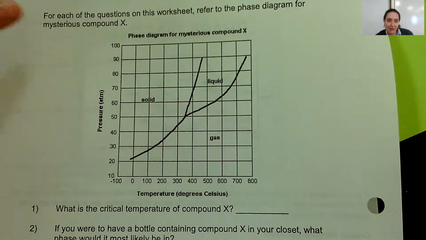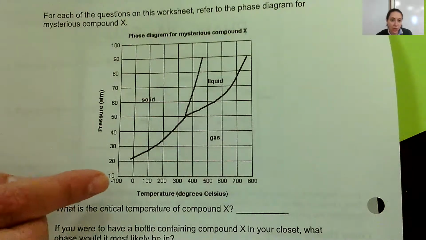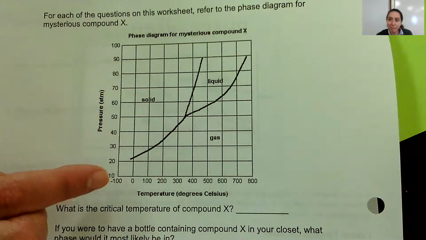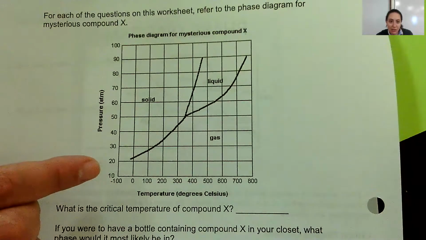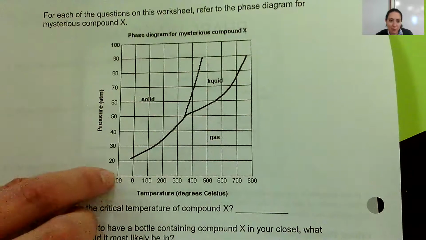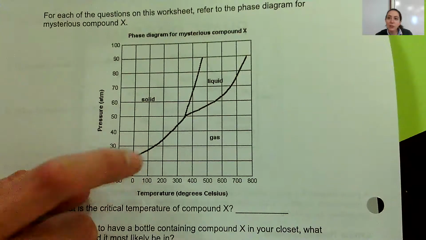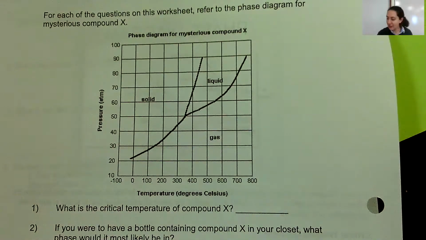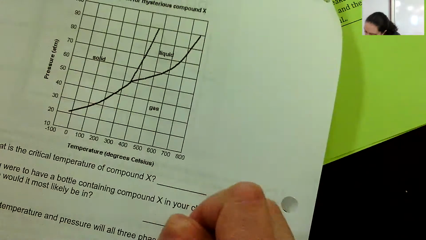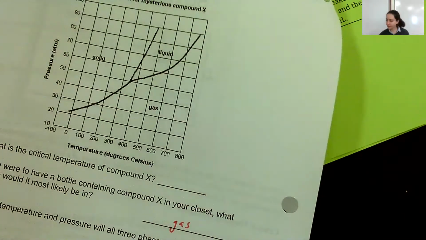Looking at the side of our graph here, the lowest pressure is 10. And your closet is probably somewhere between 0 degrees Celsius, which is the freezing point, and 100, which is the boiling point. So almost certainly this is a gas. Whatever this stuff is, this is absolutely a gas, if you happen to have it lying around.